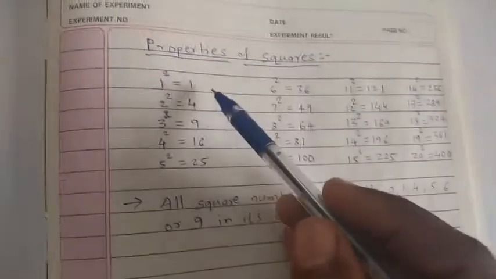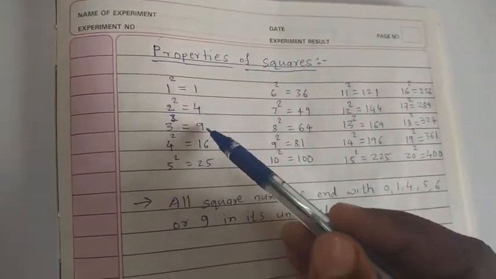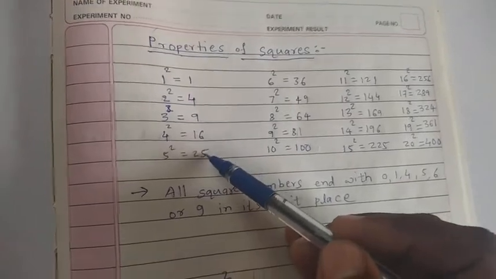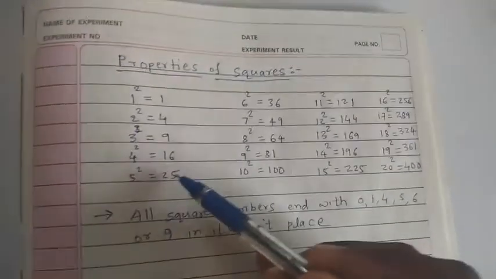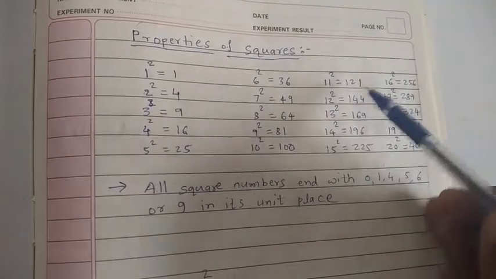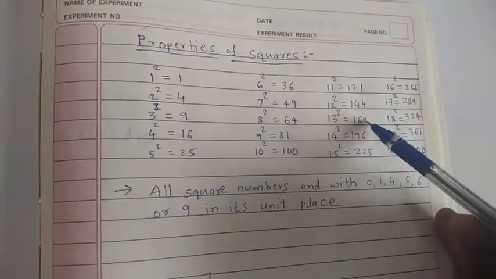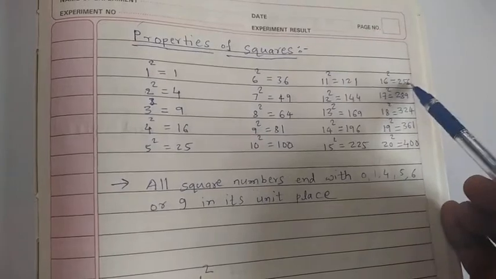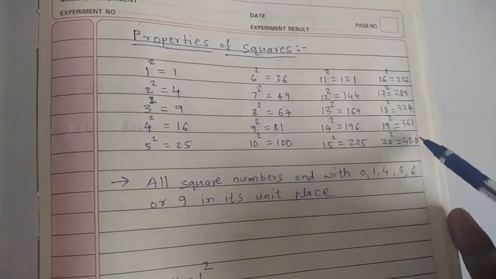So here we have to see only the unit place: 1 4 9 6 5 6 9 4 1 0.